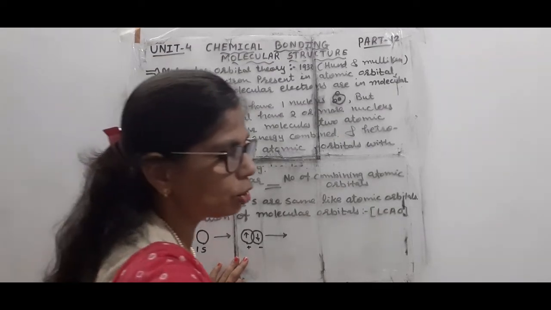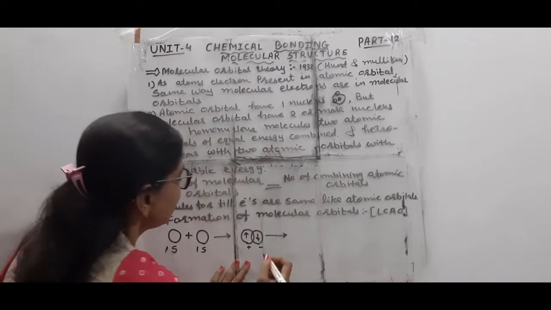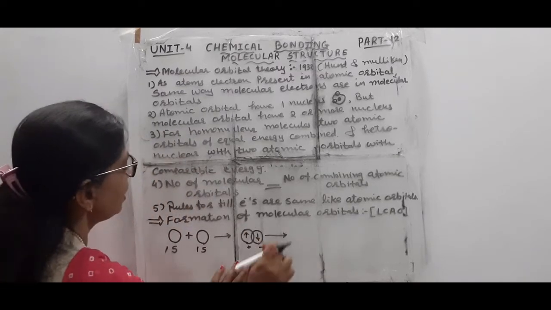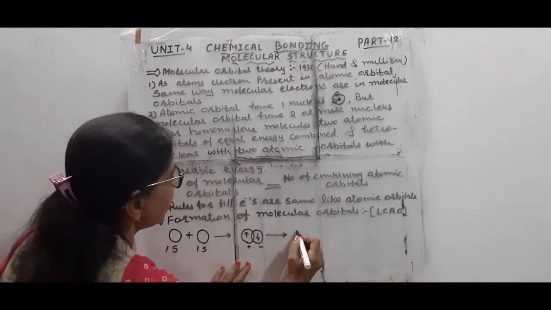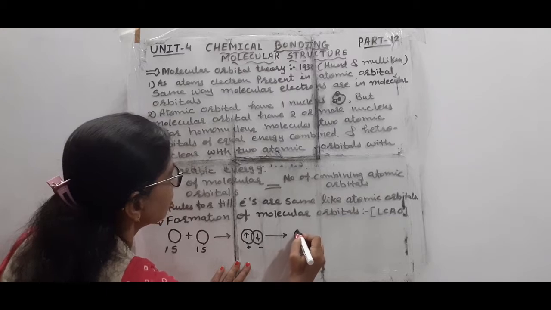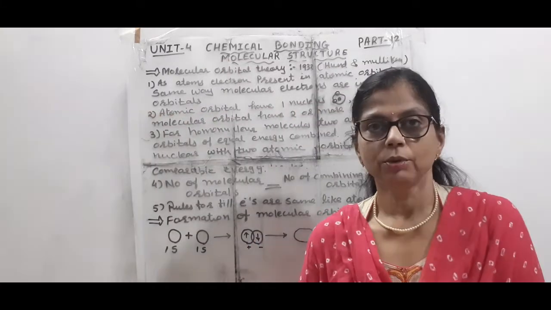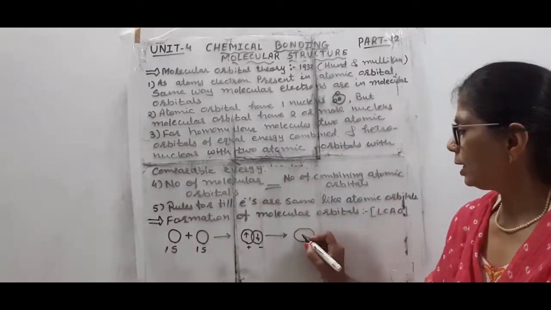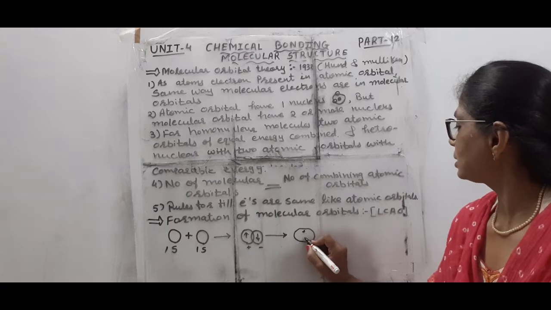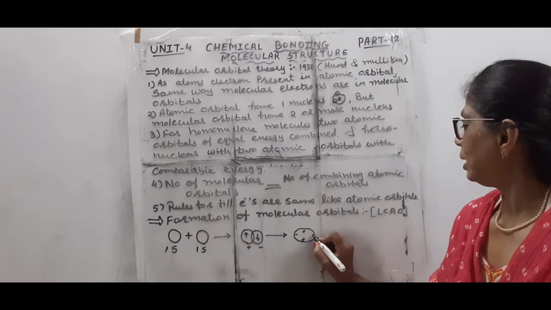So how does this atomic orbital overlapping take place, students? This will just combine and form the molecular orbital this way, and here you have plus and minus.